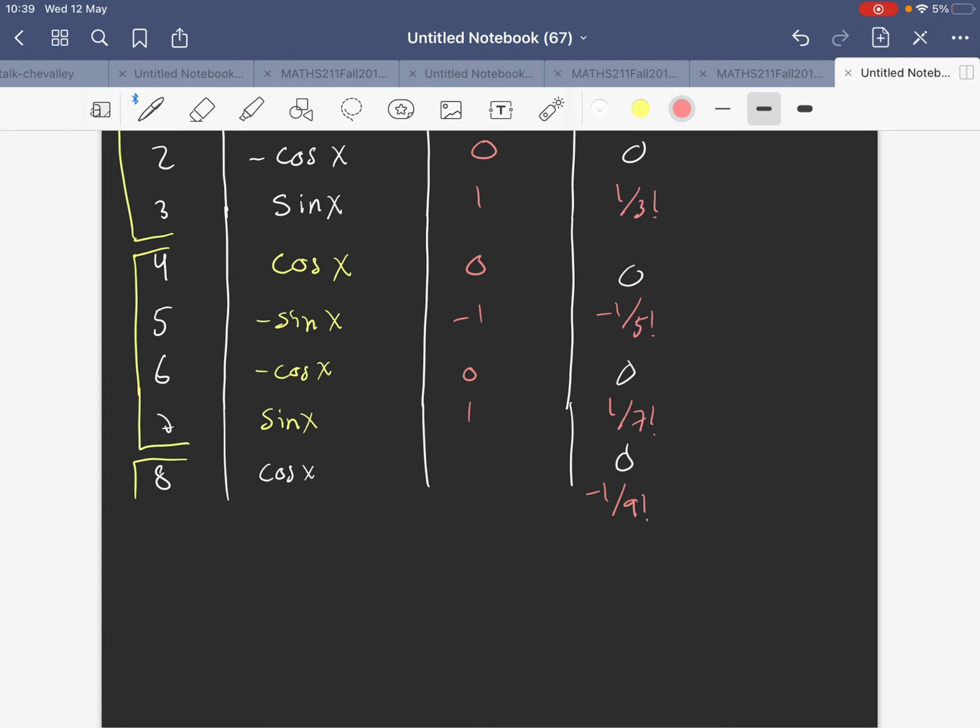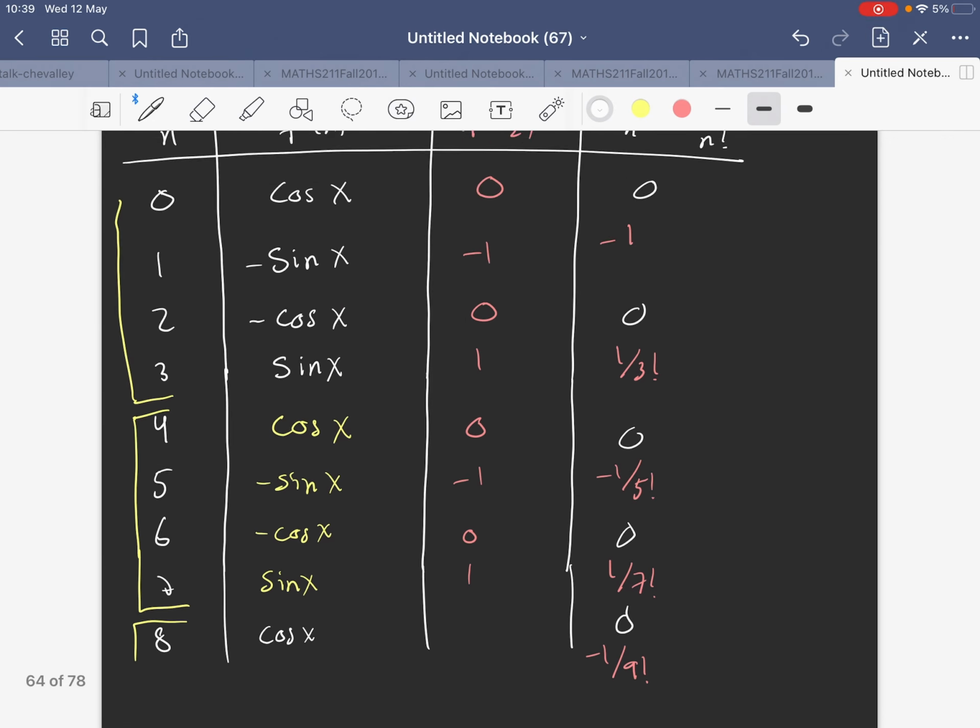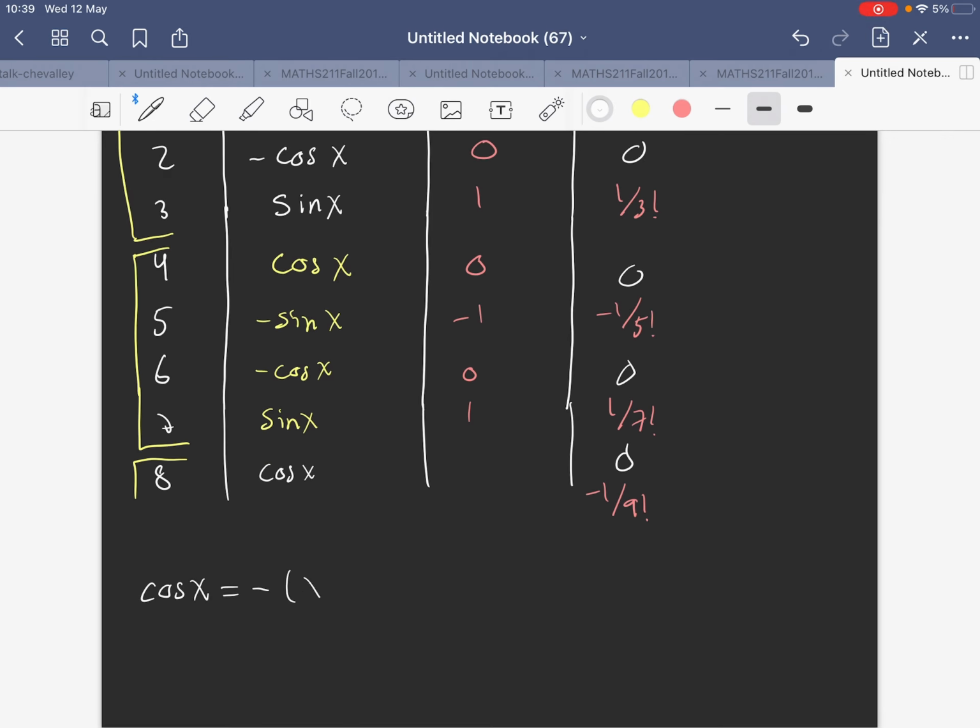So finally, we write the final answer. Cosine x can be written as negative (x minus pi over 2) plus 1 over 3 factorial (x minus pi over 2) to the power 3, only the odd, and it's alternating.